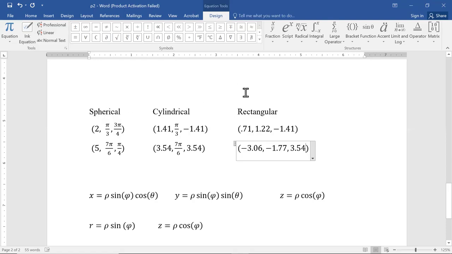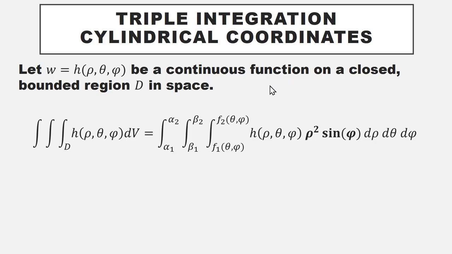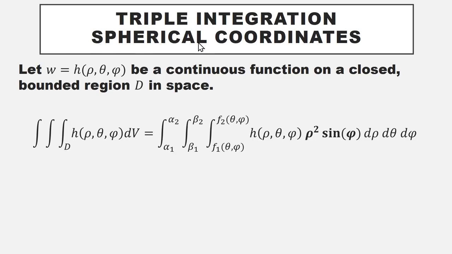Now, we didn't bring up spherical coordinates so that we can convert points. We are looking at spherical coordinates so that we can integrate using spherical coordinates. So how do we do triple integration with spherical coordinates?